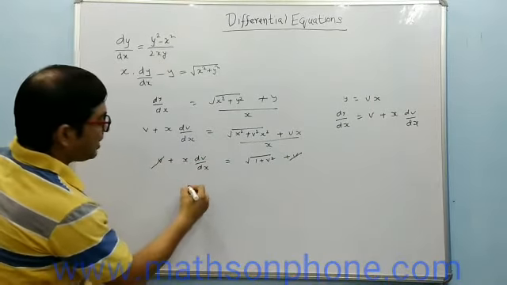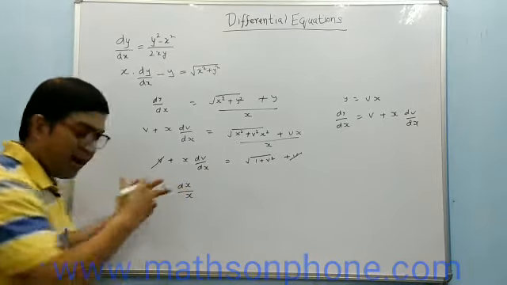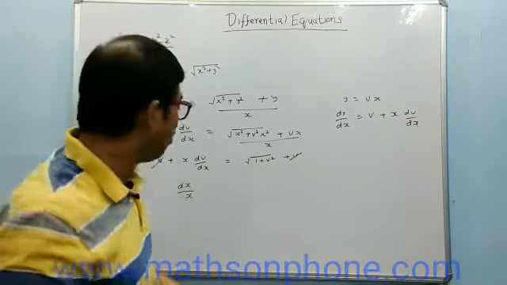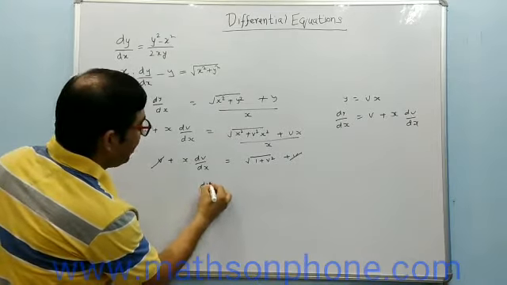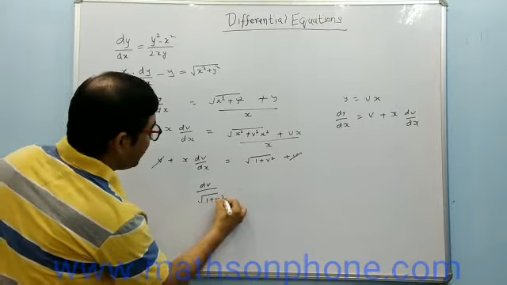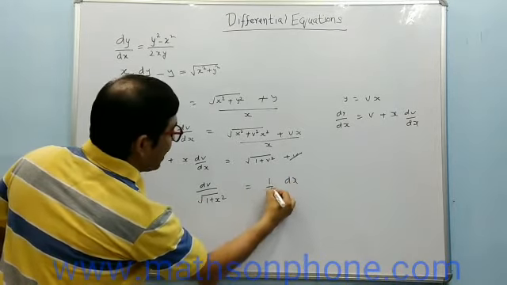So we can just write dx by x. I have taken dx to one side, dv to the other side. The basic principle again I am following. So I will just write dv here, and dx to that side and x to that side.